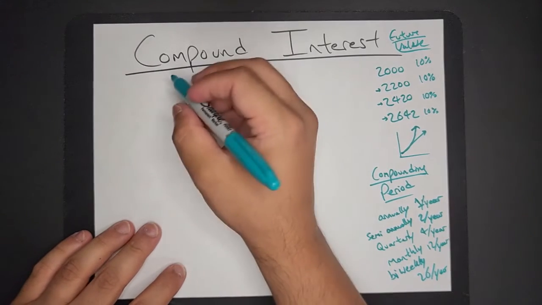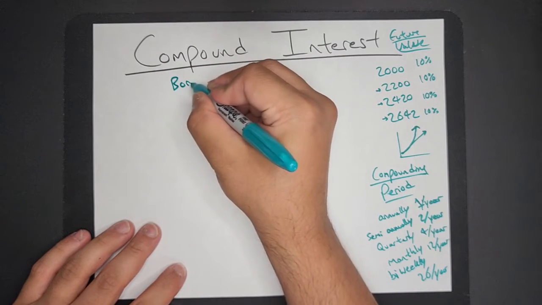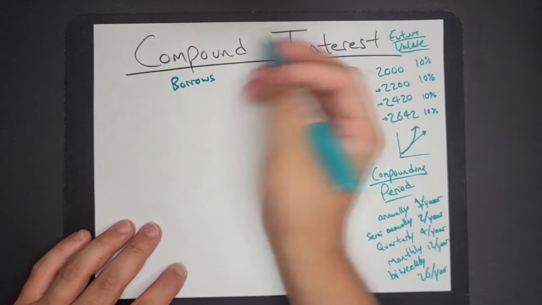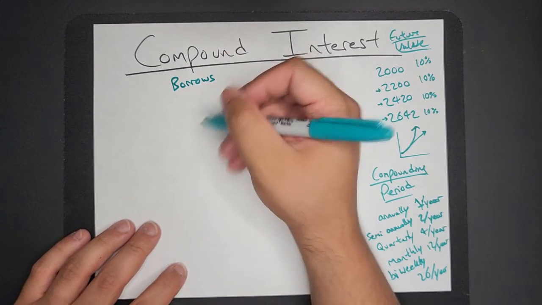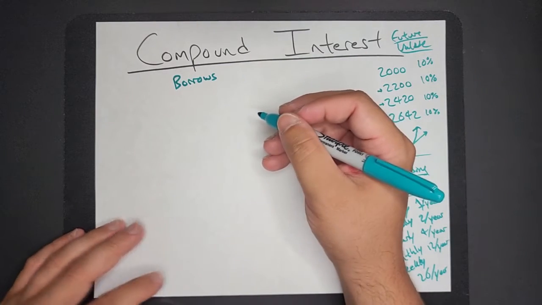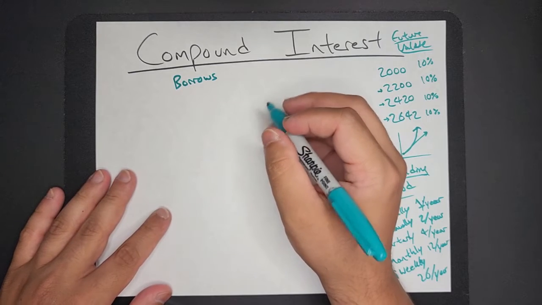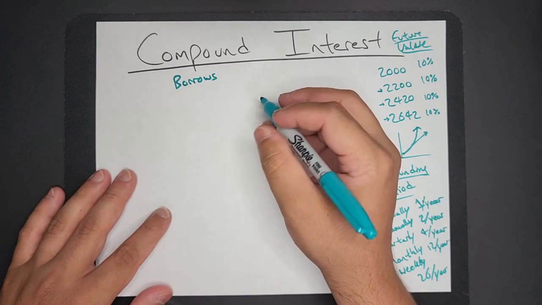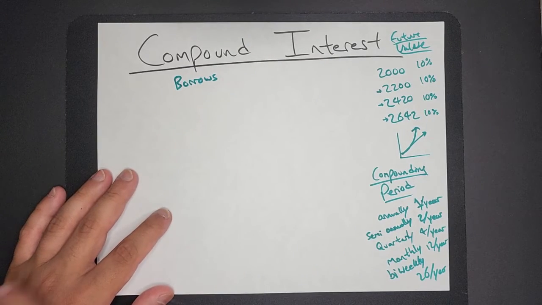Let's say in this case you have somebody who borrows money. That's usually where compounding comes in. Simple is when you are making the money, when you borrow the money and you have to pay it back, banks usually like to do compounding interest, especially government loans or student loans.